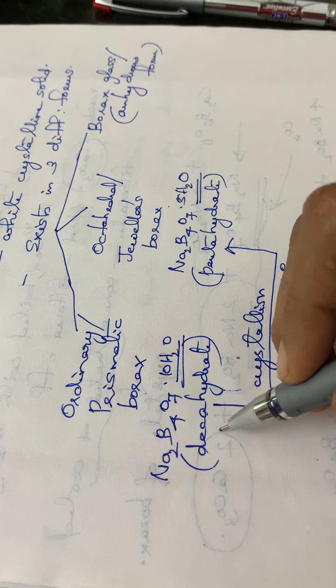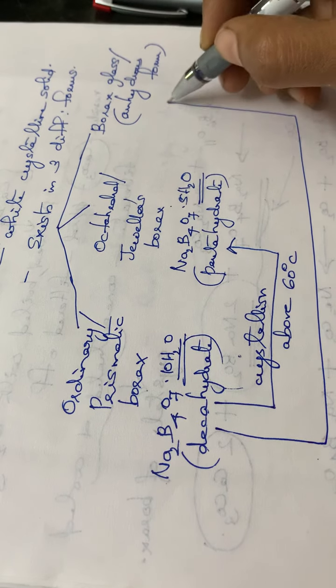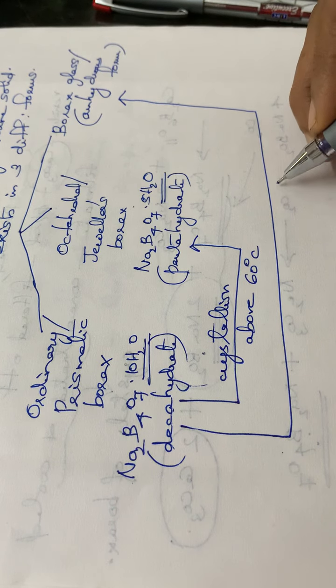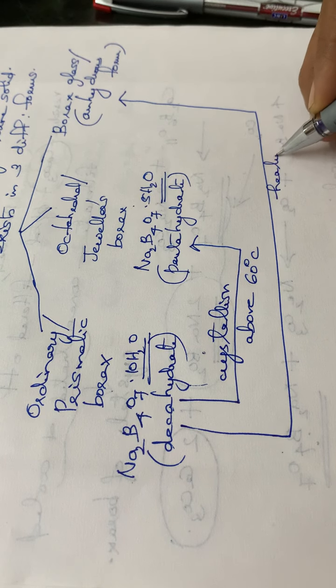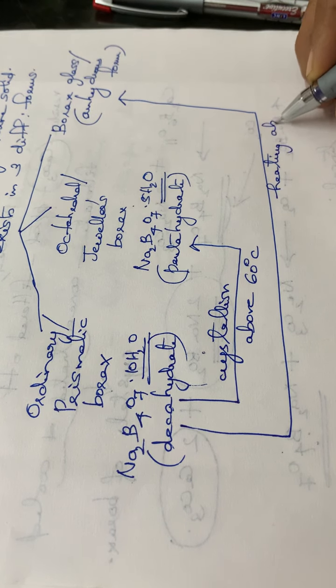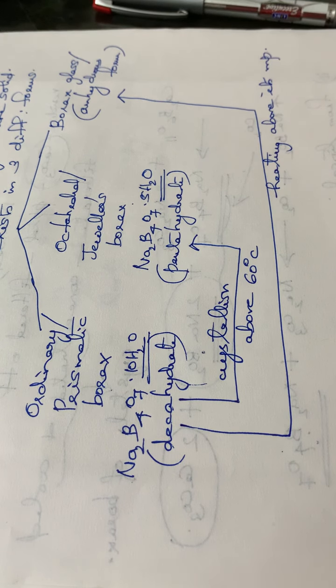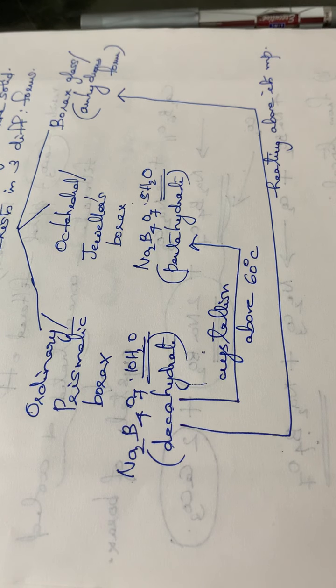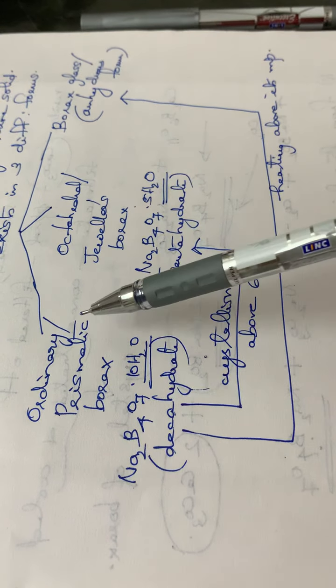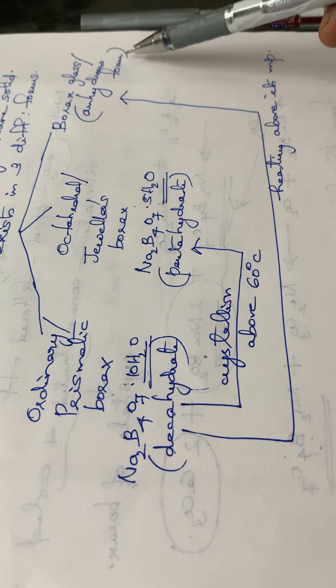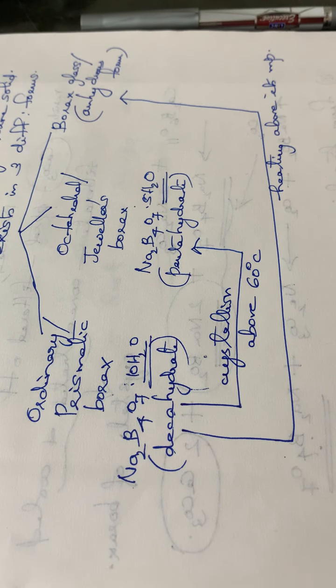The ordinary form can be converted to borax glass by heating above its melting point. That is how we can prepare borax glass. So these are the three different forms of borax.